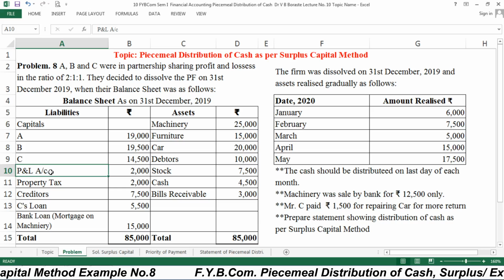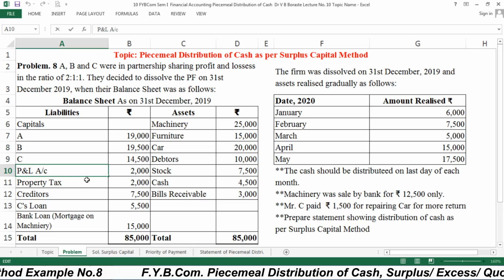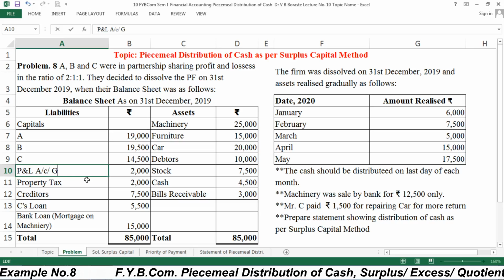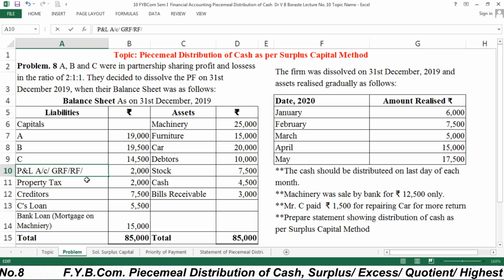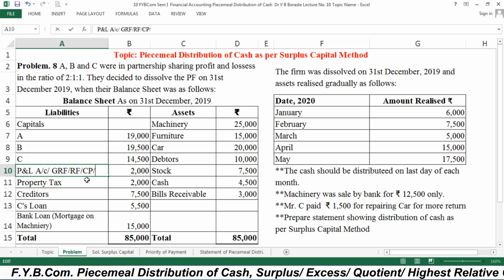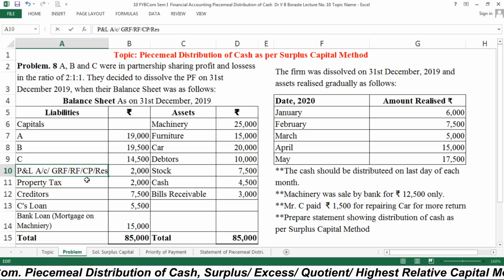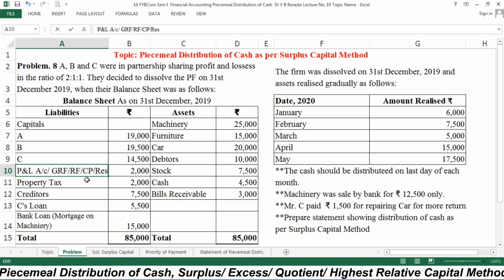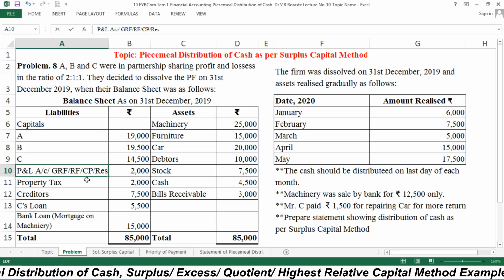As I discussed in an earlier video, if on the liability side there is a profit and loss account or general reserve fund or reserve fund or current profit or any kind of reserve, whatever it may be, it is a part and parcel of profit, which is kept aside every year from the profit.